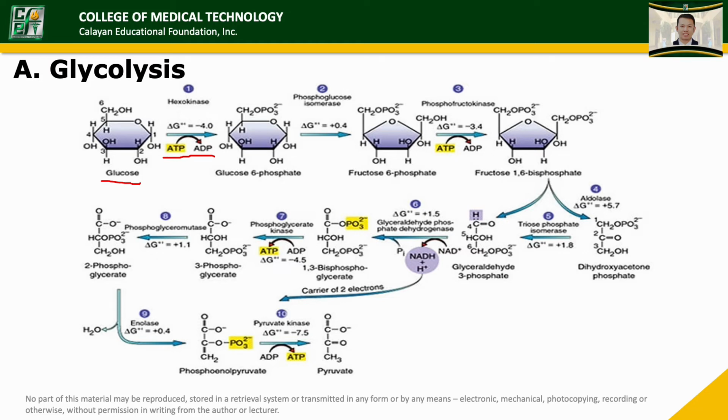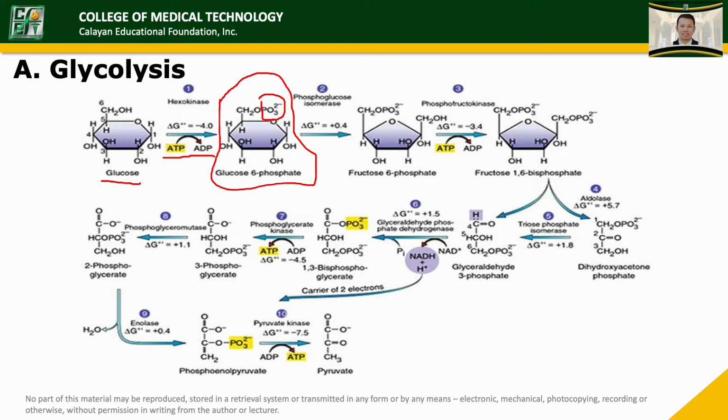The phosphate group is then attached to the sixth carbon. That's why the term is glucose 6 phosphate. And then on the second step, this entire glucose 6 phosphate is known as the reactant, so that the product will become fructose 6 phosphate.